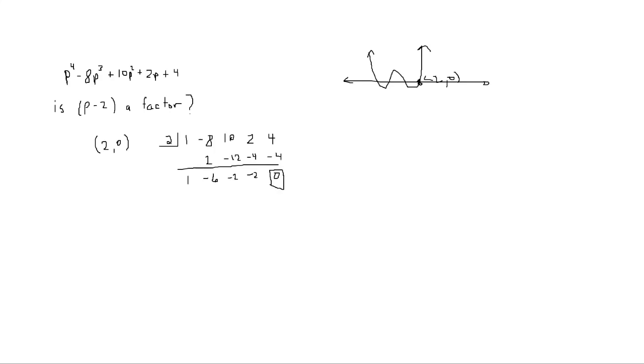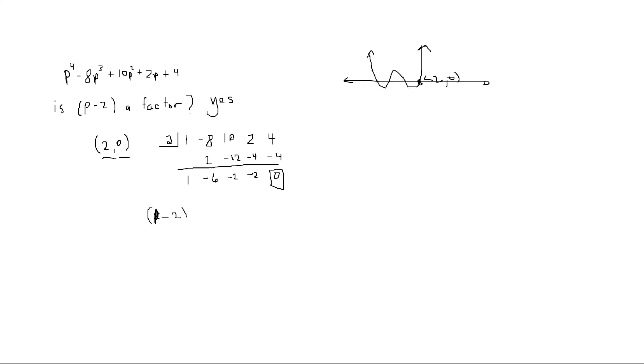Well, that means that if x is 2, y is 0. Well, that means 2 has to be a 0, which means x minus 2 has to be a factor. So the question is, is p minus 2 a factor? Remember, the variable in this problem is p, my bad, so I'm going to say p minus 2. And the answer is yes, because the y value is 0.